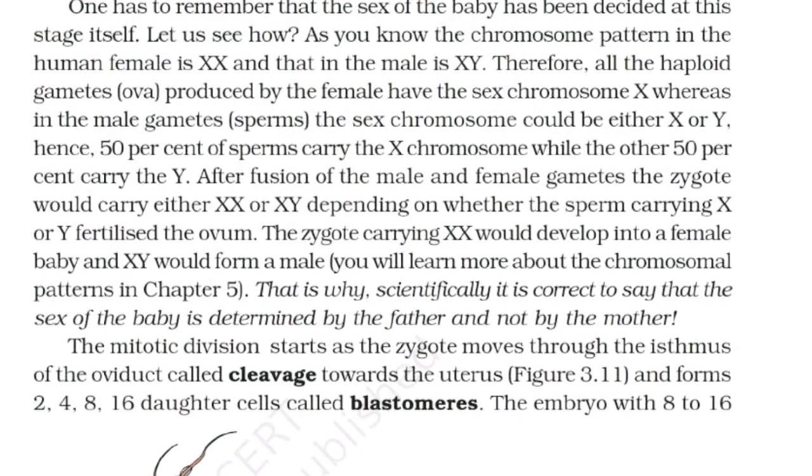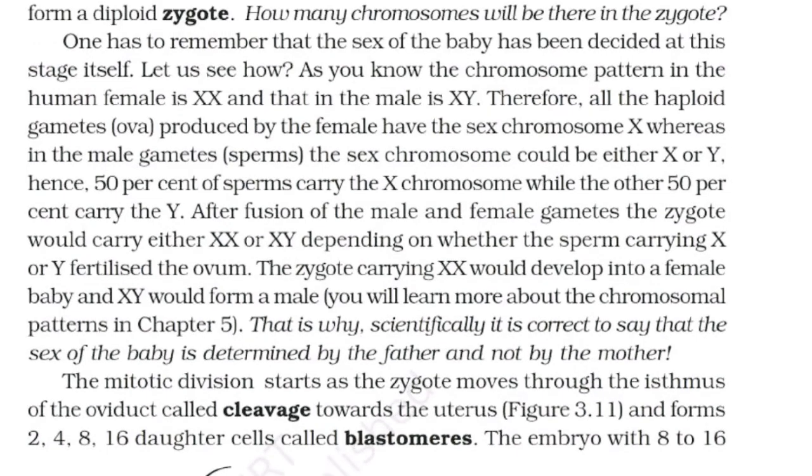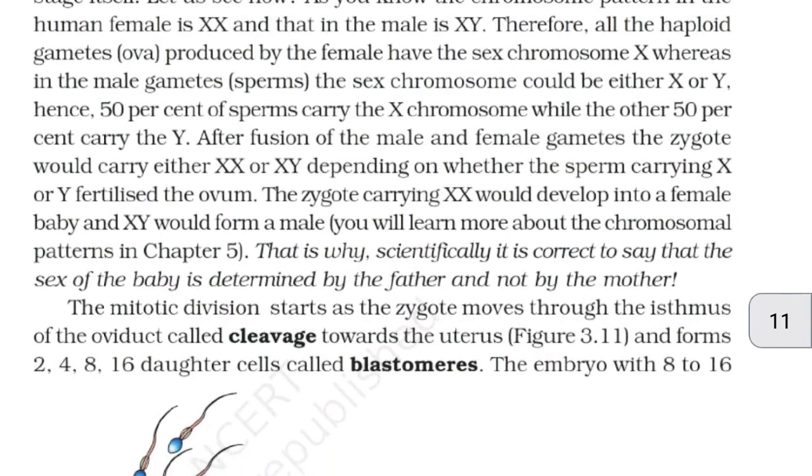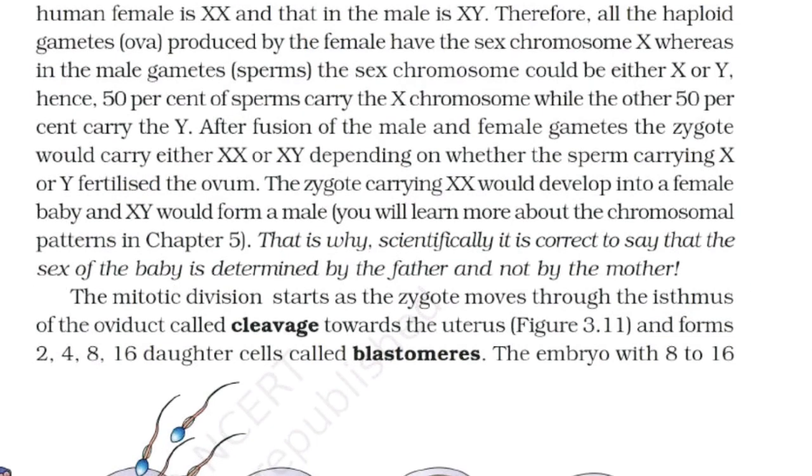Therefore, all the haploid gametes produced by the female have the sex chromosome X, whereas in male gametes the sex chromosome could be either X or Y. Hence, 50% of sperms carry the X chromosome while the other 50% carry the Y.